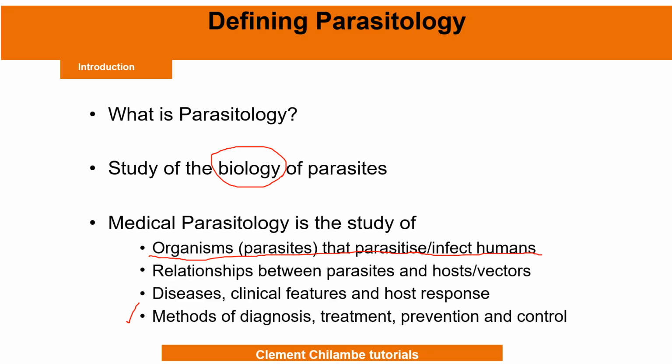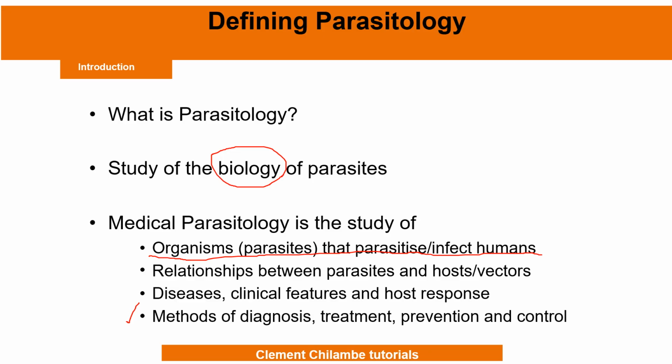So as we begin this series of medical parasitology, I want you to remember that when we start discussing the individual parasites that are of medical importance, please focus on four things. Number one, focus on the organism itself. What is this organism? What is the name of this organism? Secondly, think about the relationship between the parasites and the host or the vector.